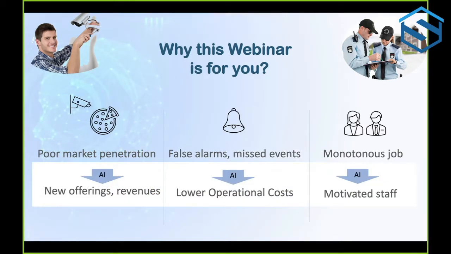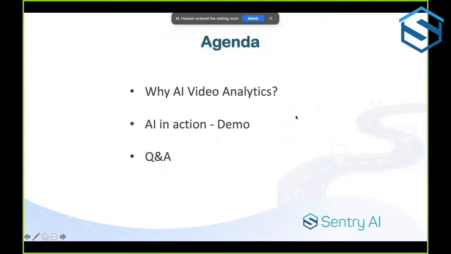With the latest AI technology, we open new opportunities to provide a new product offering and bring in more RMR. The second thing is that we reduce more than 98% of false alarms. So it helps you lower operational cost. You will need fewer guards to monitor bigger property, fewer monitoring agents to monitor more screens. And definitely your staff will be happier with their jobs.